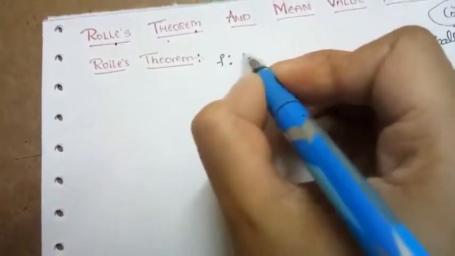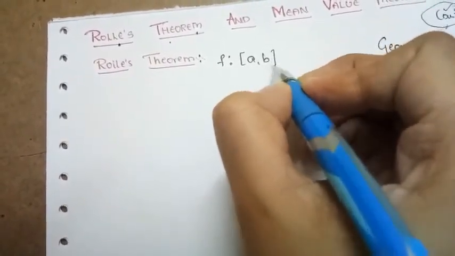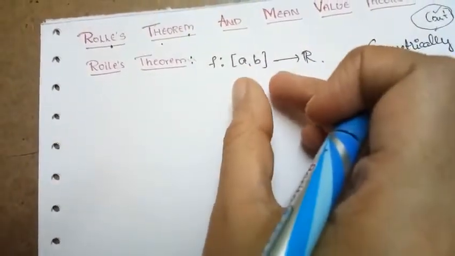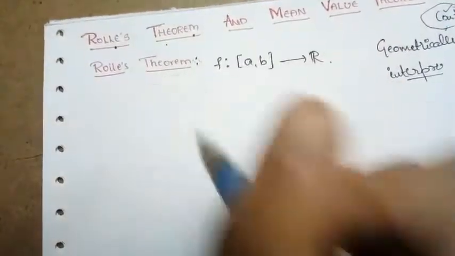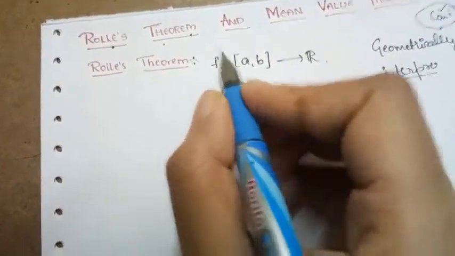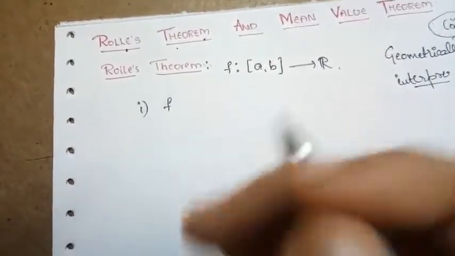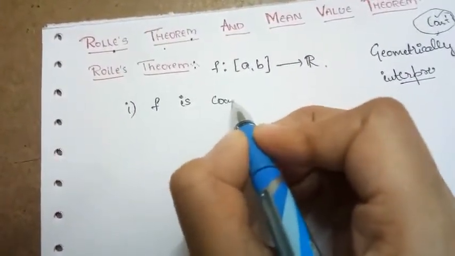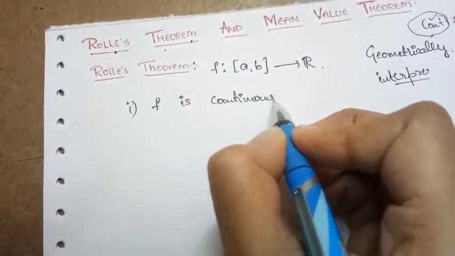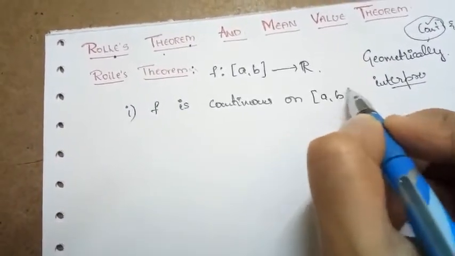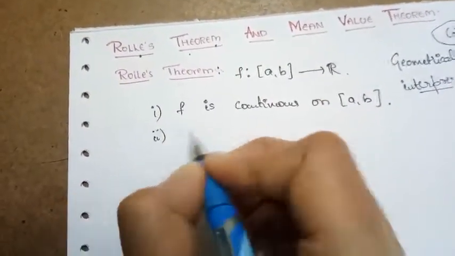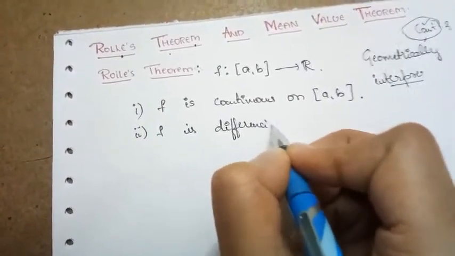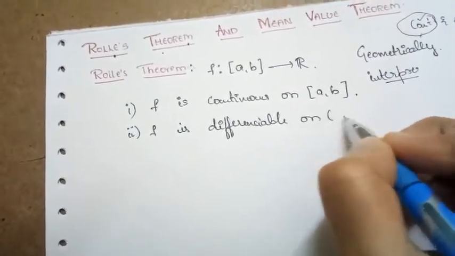If a function f is defined from a closed interval [a, b] to the set of real numbers, and if that function satisfies three conditions: the function is continuous on the closed interval [a, b], and the same function f is differentiable on the open interval (a, b).